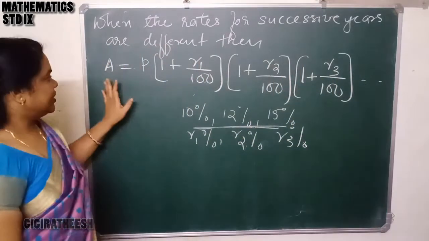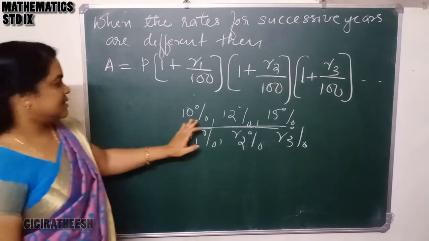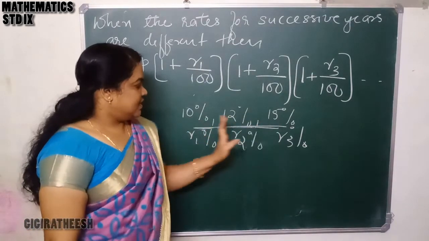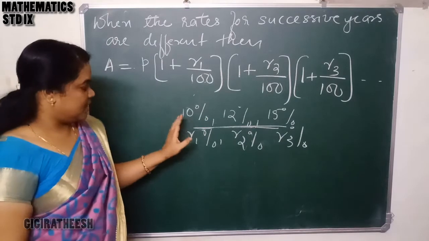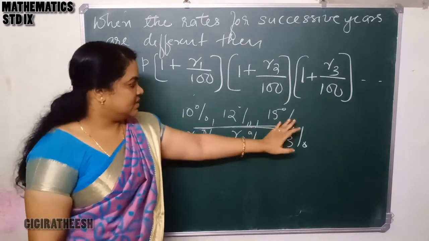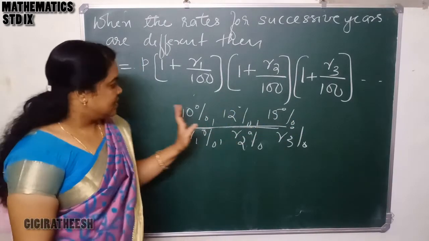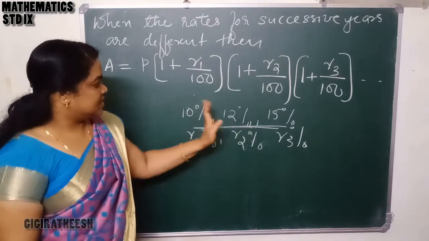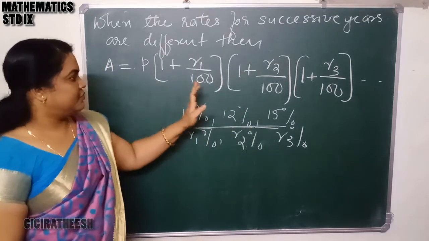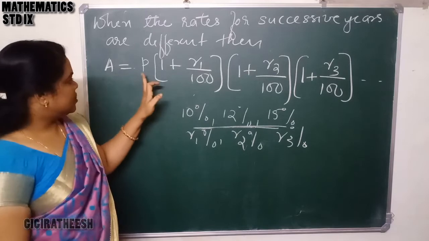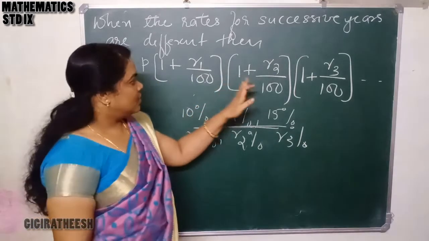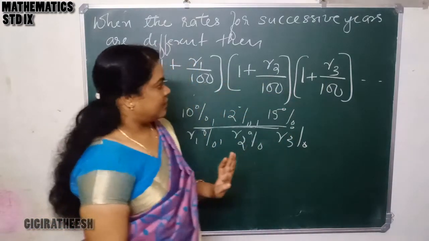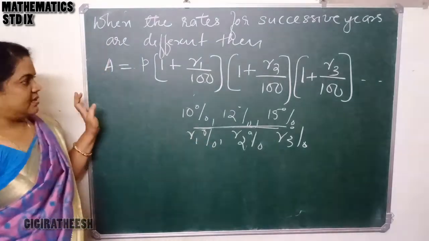This is the formula for calculating A if the rate of interest changes for consecutive three years.